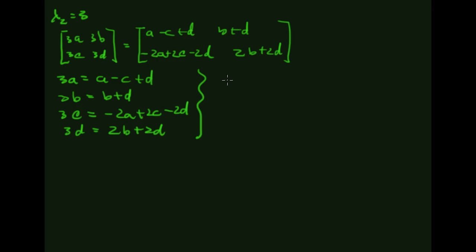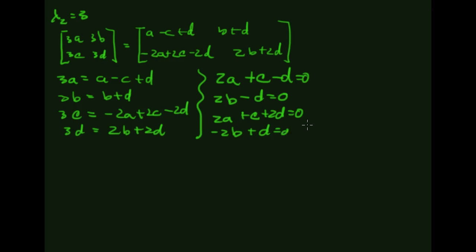Putting these in standard form, I'm going to get 2a plus c minus d is 0. 2b minus d is 0. 2a plus c plus 2d is 0, and then negative 2b plus d is 0.